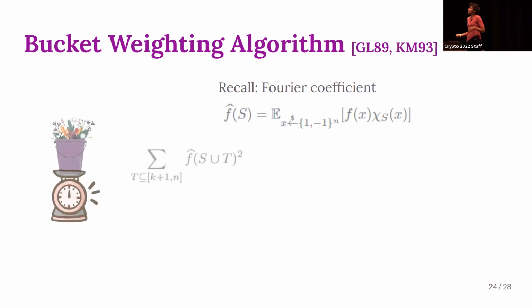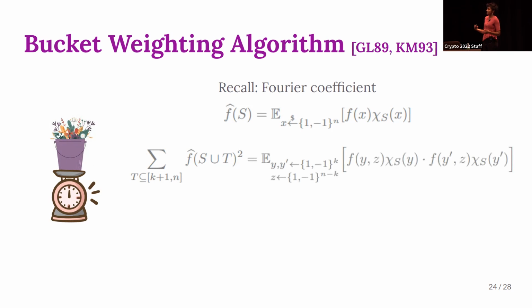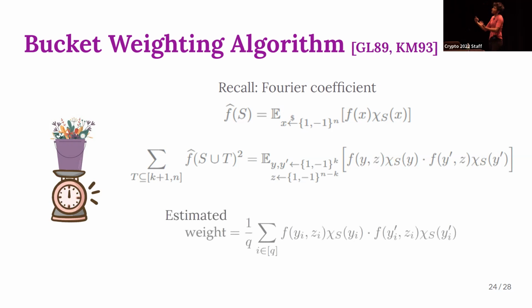So luckily for us, there is a nice efficient way to compute the weight of a bucket using more Fourier analysis, which is that the weight of the bucket can be computed as another expectation, over correlated queries to the function. The correlation is specifically that the first part of your query will be uniformly random for both of these queries, and the second part is the same. And we'll see that in our algorithm itself, we'll just compute an estimation of this.